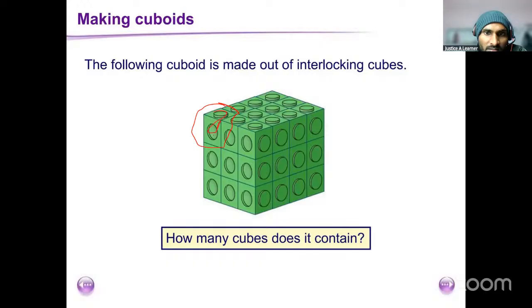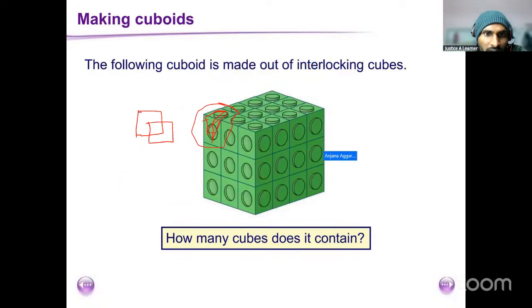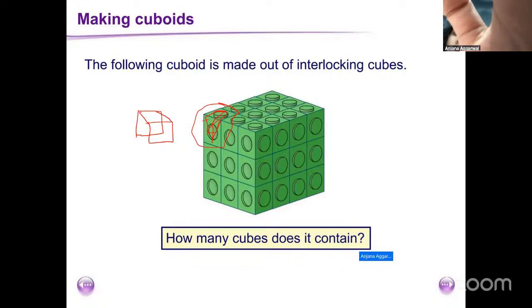This complete part, and that side also. Yes, that's the cube. This is a cube. Did you understand now?